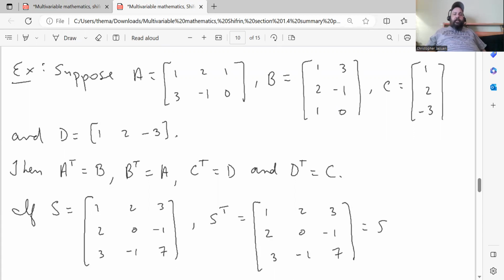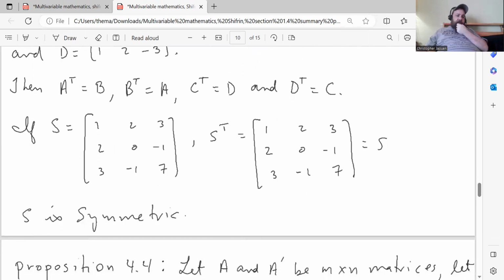Notice that A transpose is equal to B because the columns of B are the rows of A, and vice versa. And C transpose is equal to D as well, because the column vector C is just the transpose of the row vector D.